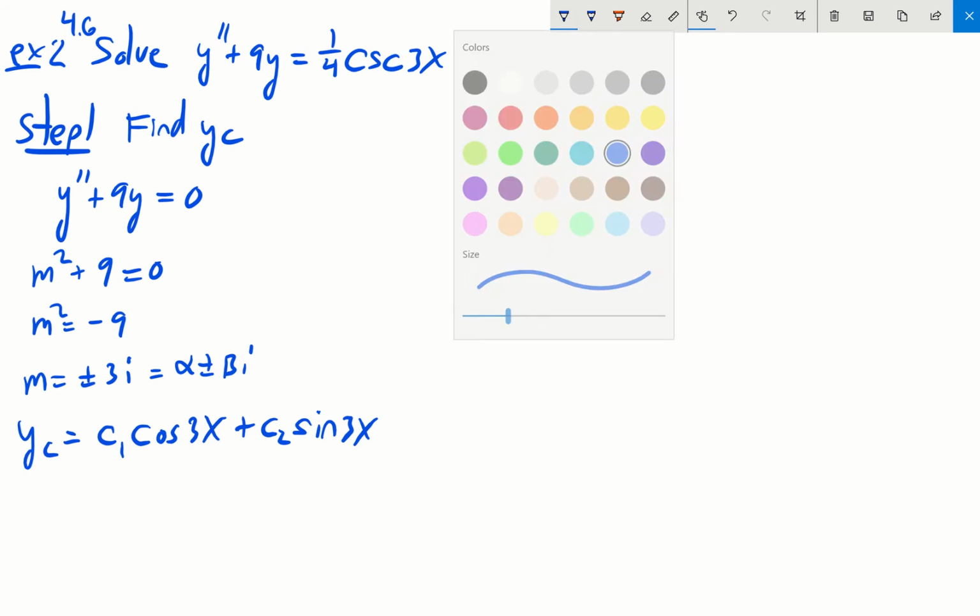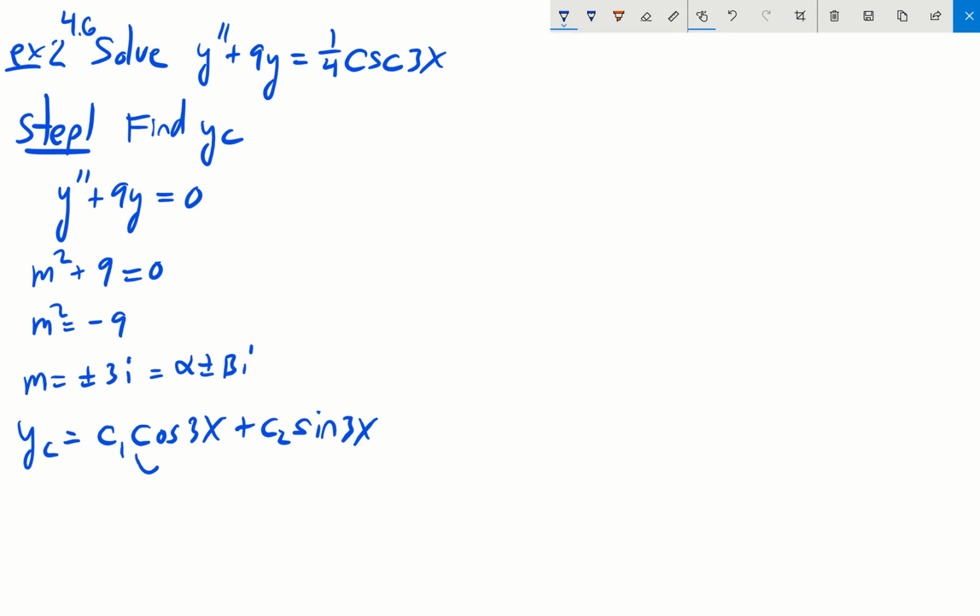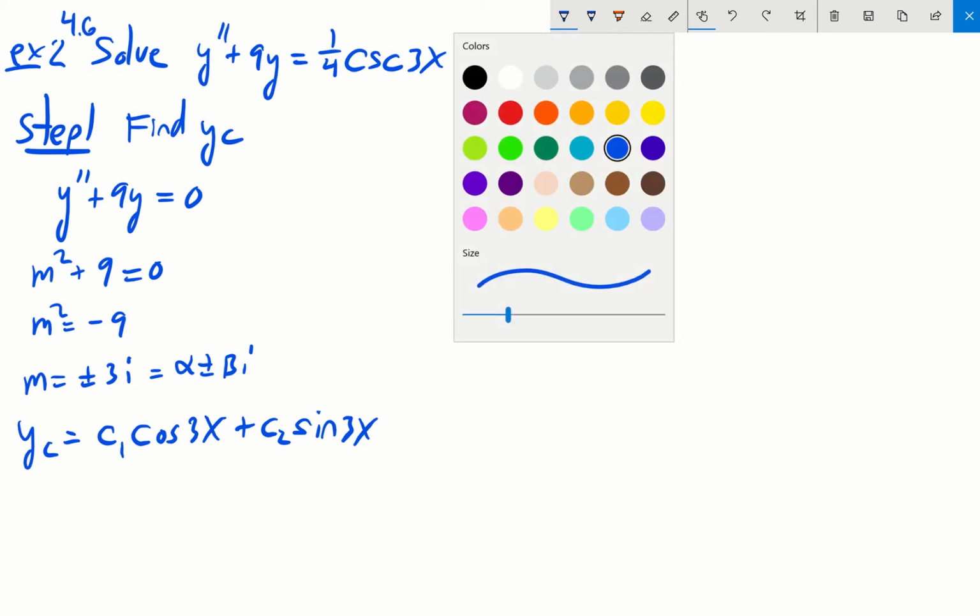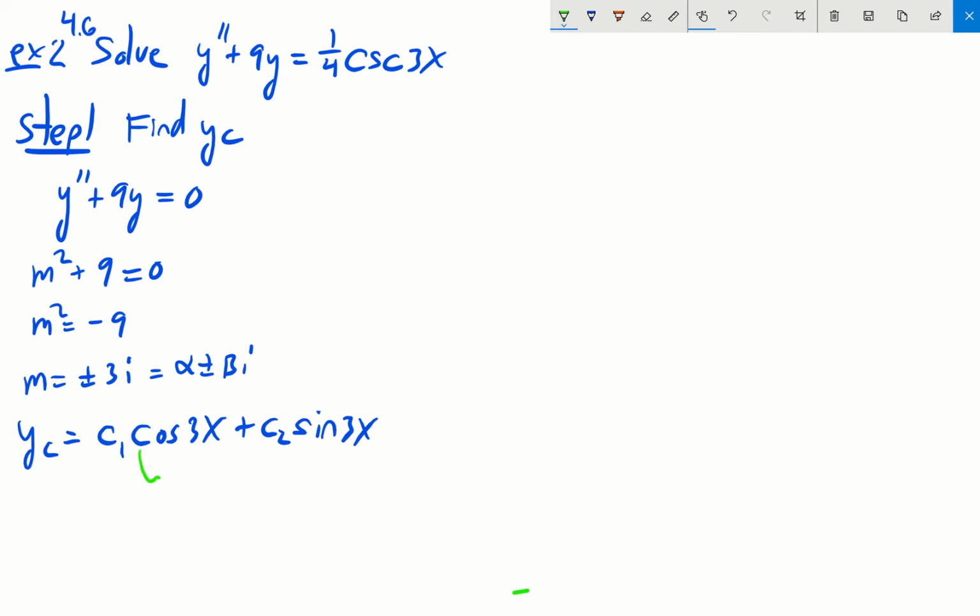And then the functions we're going to need to use in a moment, we can call the y1, the first unique part of our complementary solution. This is cosine 3x. And then over here, this will be our y2. y2 will be equal to sine 3x. So step 1, that's done.